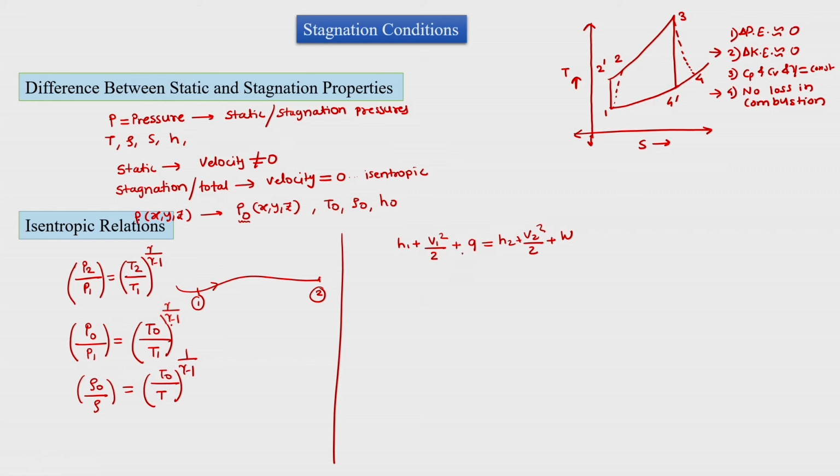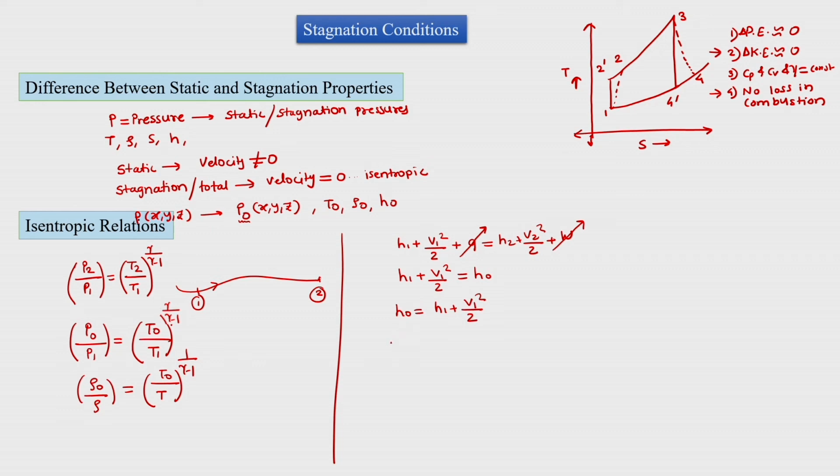But we are saying that there is no heat addition between station 1 and 2, and there is no work interaction. So we will have H1 plus V1 square by 2 is equal to H naught, where fluid is brought to 0 at station 2. So we will write H naught is equal to H1 plus V1 square by 2.